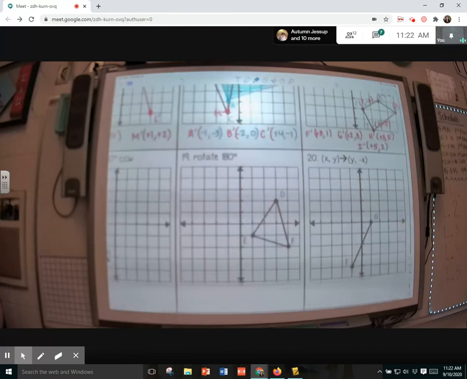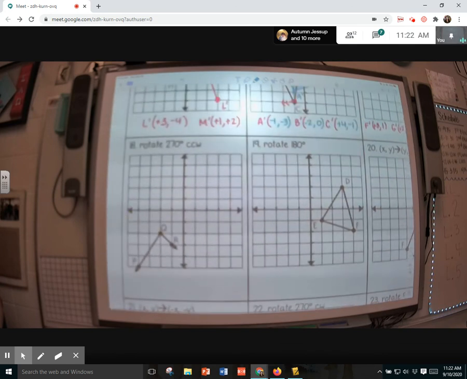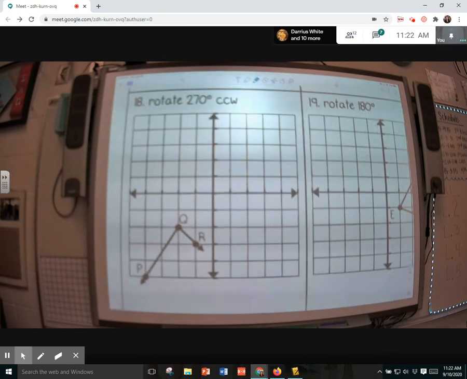Okay, I'm gonna do number 18. If it's 270 counterclockwise, that's the same as 90 clockwise. So that means Y and X switch, and if it's clockwise, the negative goes to the X. And if I'm going 90 clockwise, that means it's gonna end up right here in that quadrant.